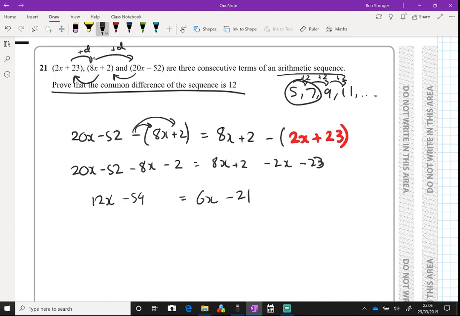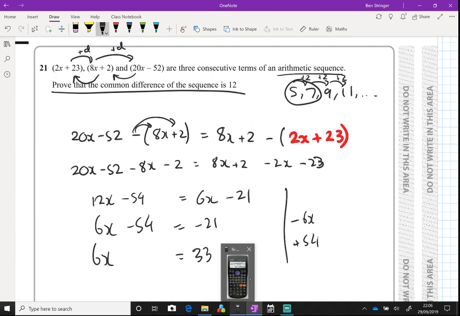Let's move the x's to the bigger side, take 6x off both sides. 6x minus 54 equals negative 21. Add 54 to both sides to move it across. Negative 21, add 54. Difference of 33, I believe. Yep, difference of 33. Let's check that.